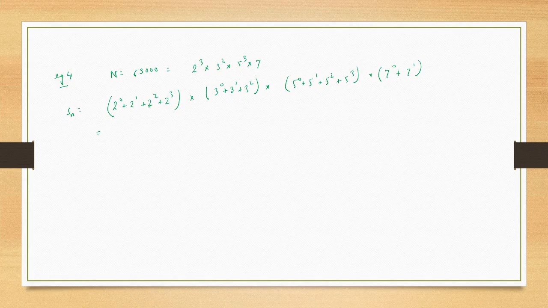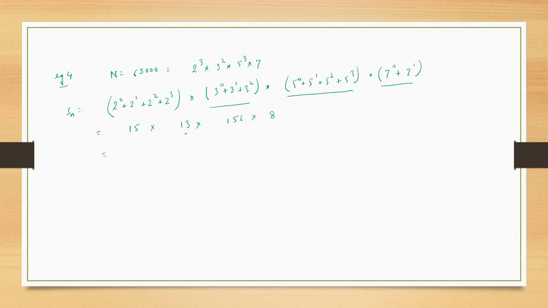This is how much? 8 plus 4 is 12, 14, plus 1 is 15. This term would give 9 plus 3 is 12, plus 1 is 13. This term would be 125 plus 25 is 150, 155, 156, and this term would be 7 plus 1 is 8, right?